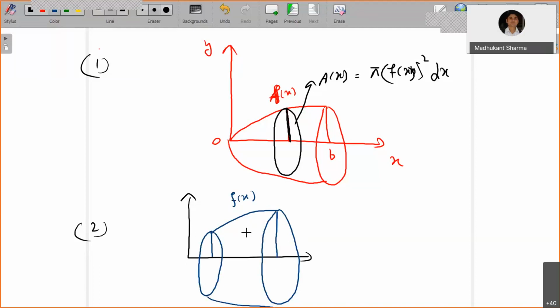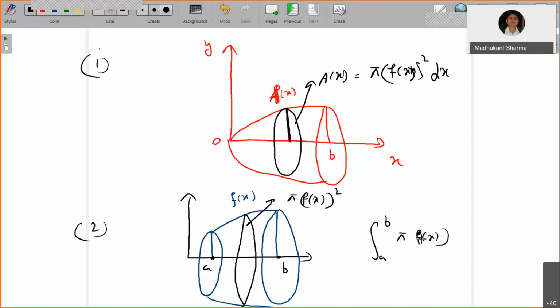Again, this is the slicing method. At any cross section, the area is pi times f of x whole square. Suppose this is a and this is b. Then integrating from a to b of pi times f of x whole square dx will give you the total volume of this generated solid.